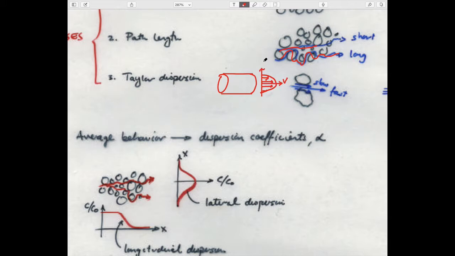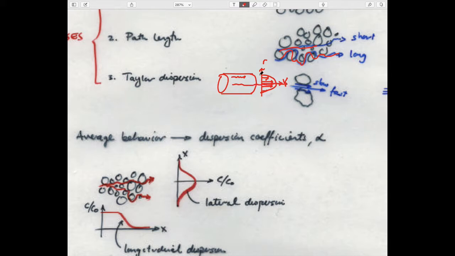And this is radius across the pipe. So the fastest velocities are in the middle. The smallest are at the edge, where the boundary condition is this stick boundary condition, or zero velocity boundary condition. So you can imagine that something which is traveling down the tube at the side goes much less far in a given time than the stuff that goes down the middle.